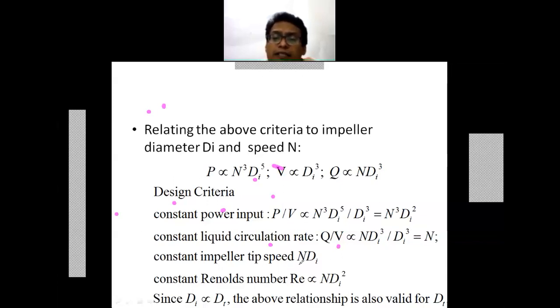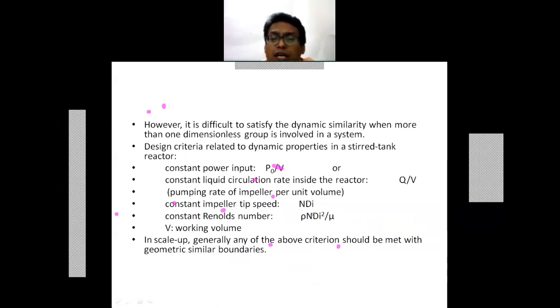Impeller tip speed is nothing but N into Di, the speed of rotation N into Di. We know the Reynolds number while flowing through a fluid is D u rho upon mu.